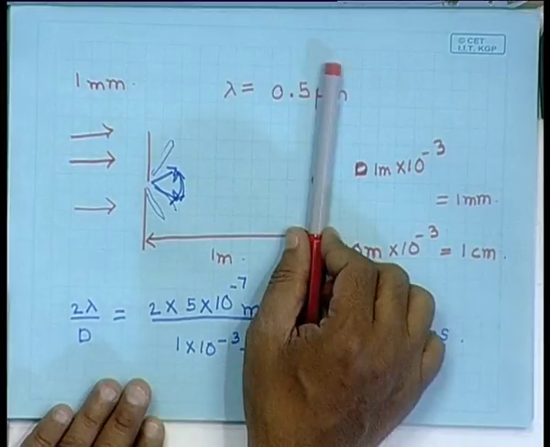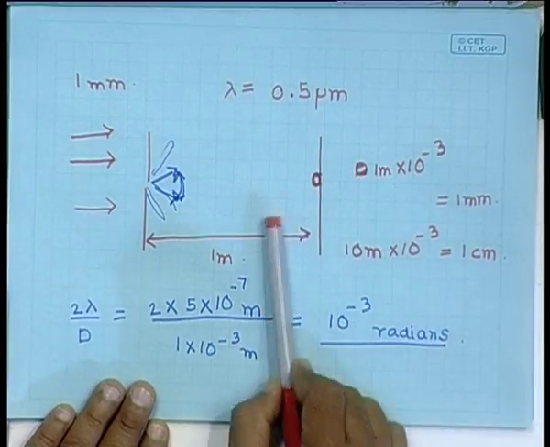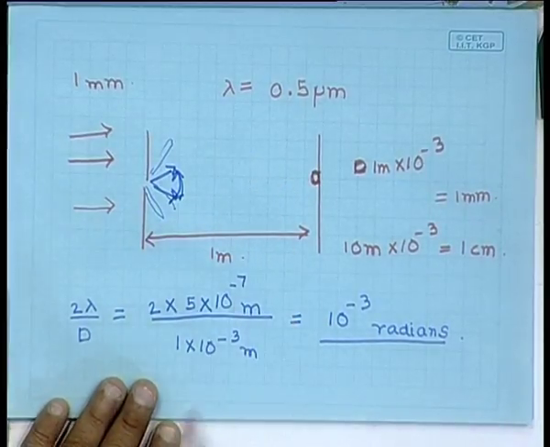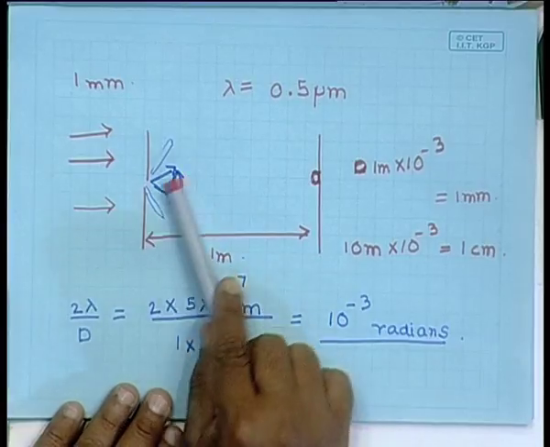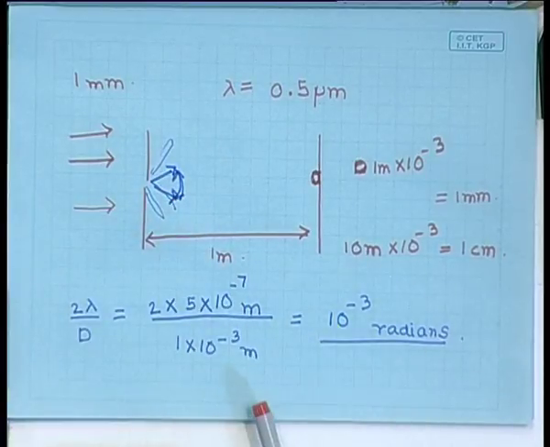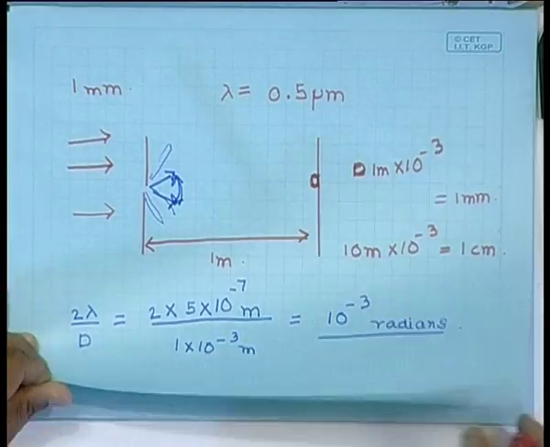And if you put a screen far away, or you put a lens and a screen, maybe not necessarily far away, then you will get a spot arising from this finite spread in the wave that comes out, and we have estimated the size of this spot for this particular slit.